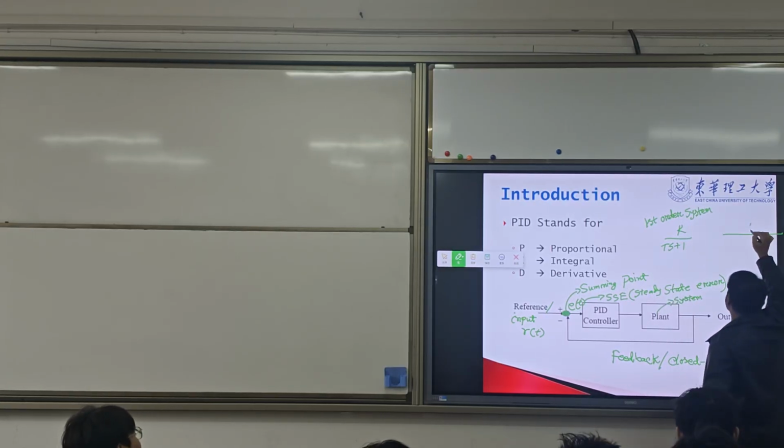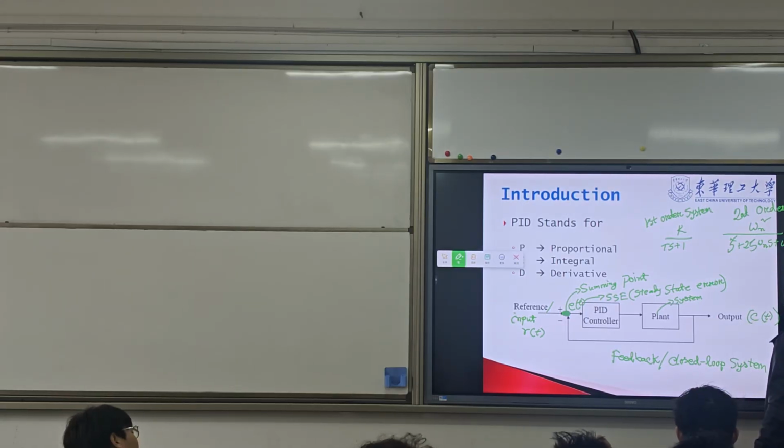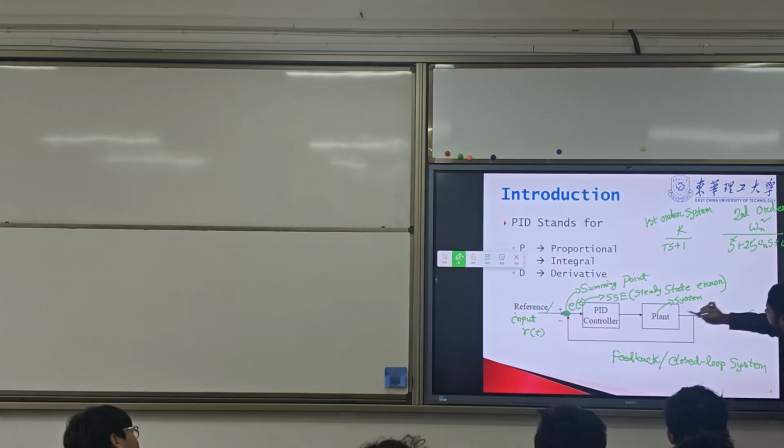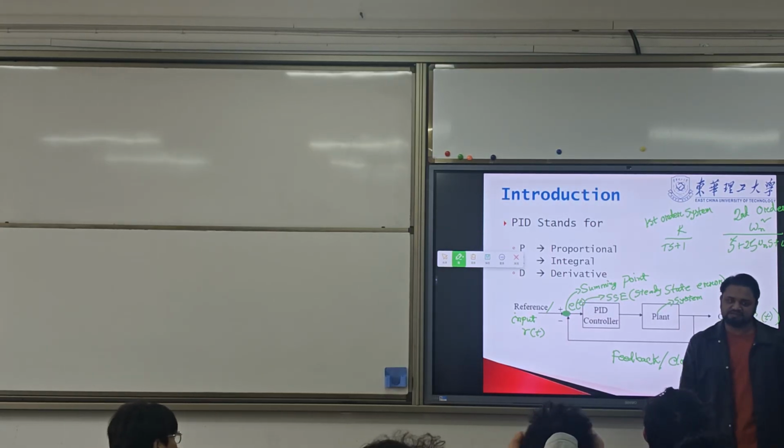Or this one, omega n squared over s squared plus 2 zeta omega n s plus omega n squared. What is that? Second order system. Here, it can be any system.